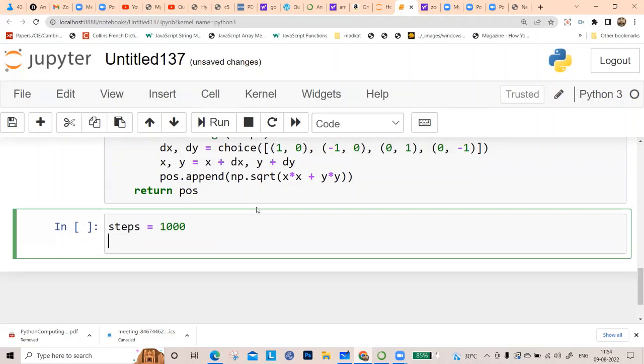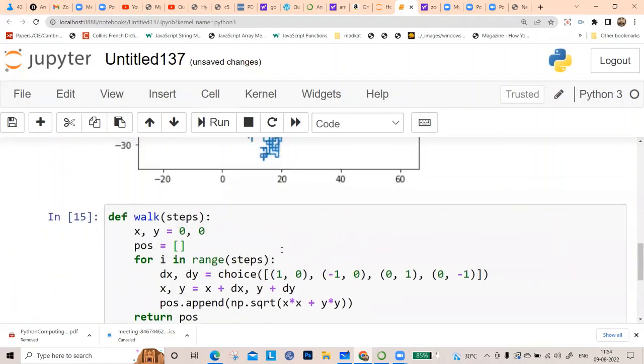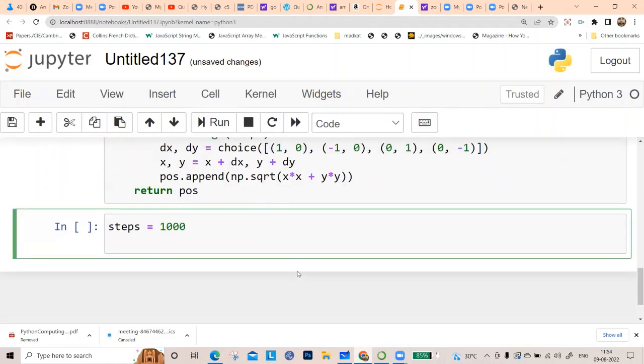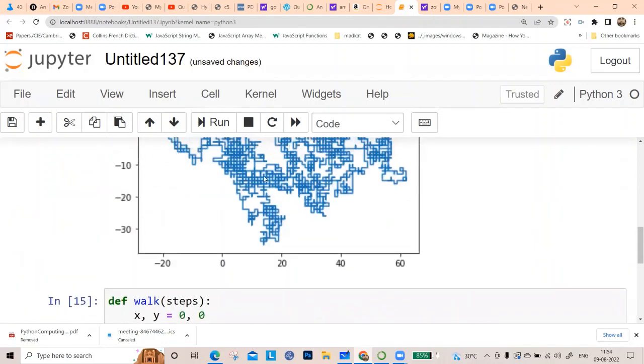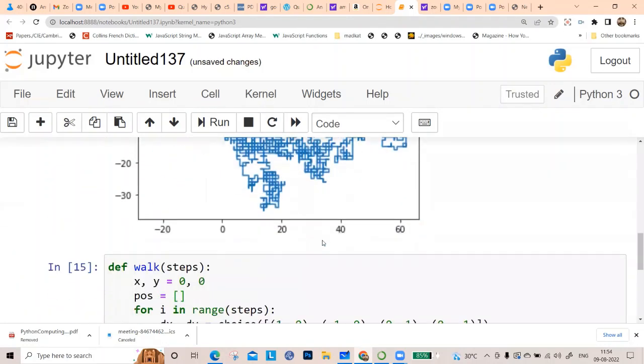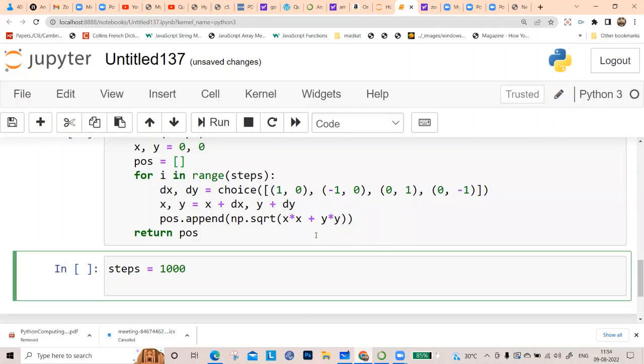That means I want to create a walk of 1,000 steps. But if I want to create many walks, I have to repeat this; I have to use this function many times. Those different walks would be different configurations.